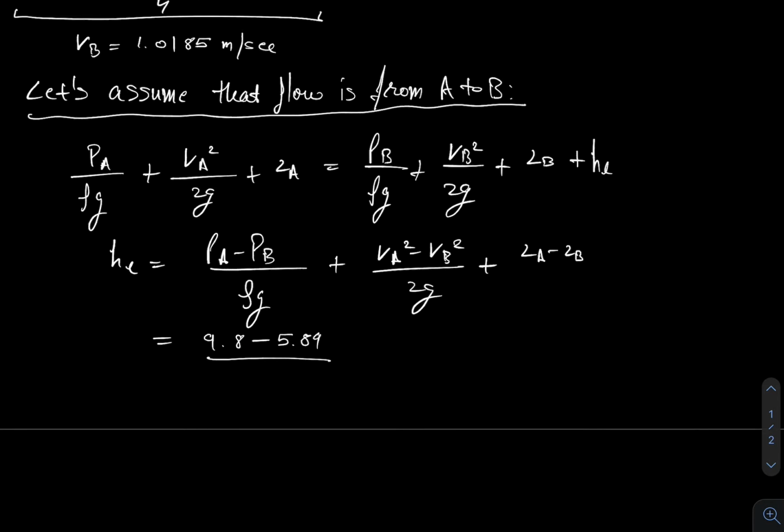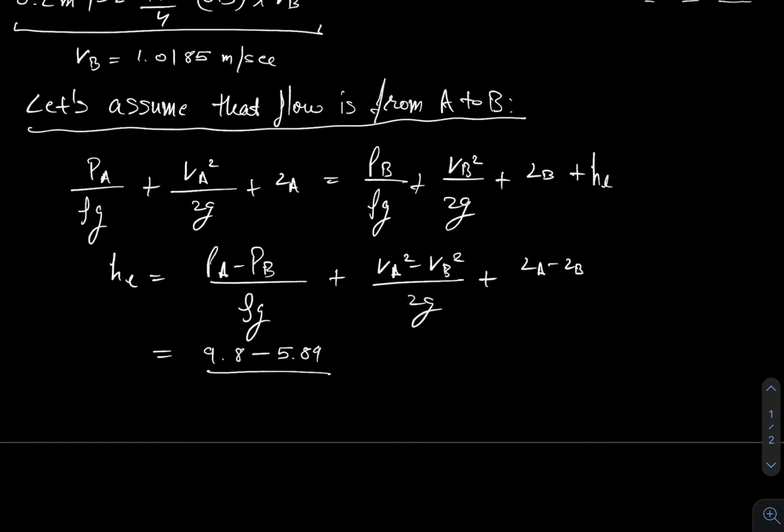What will be the density of oil? 0.87 into 1000, right? So rho is 0.87 into 10 raised to power 3, multiplied by g. What is g? 9.81.